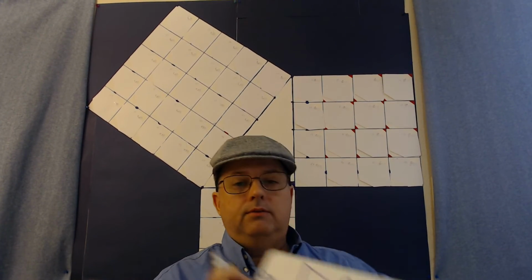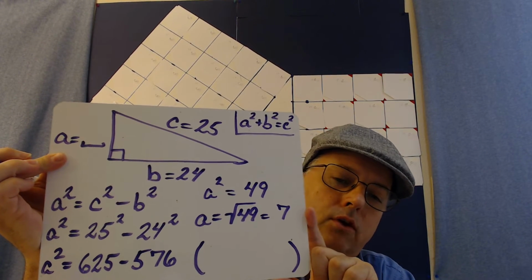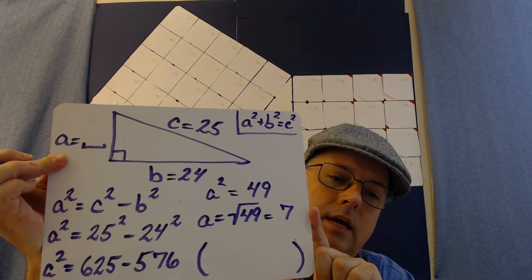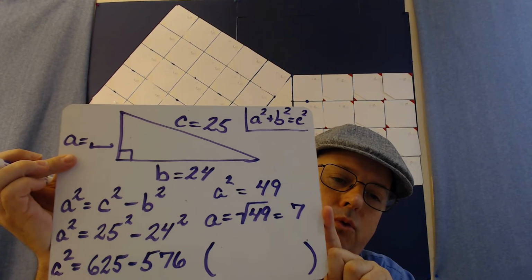So A squared equals 49. And then we need to take the square root of 49, as we did before, and that's 7. And so now we have found the length of side A as 7, and we have another Pythagorean triple, 7, 24, 25. This is a 7, 24, 25 triangle.